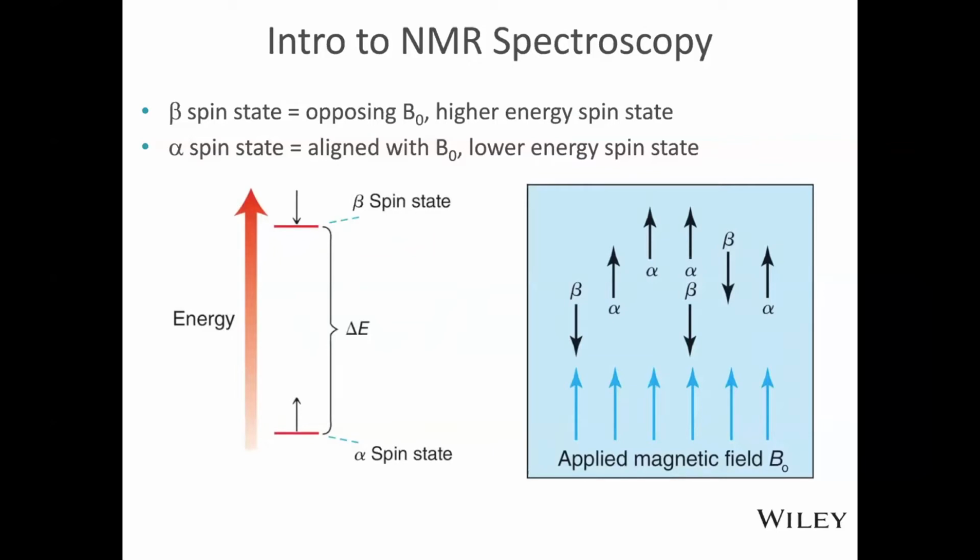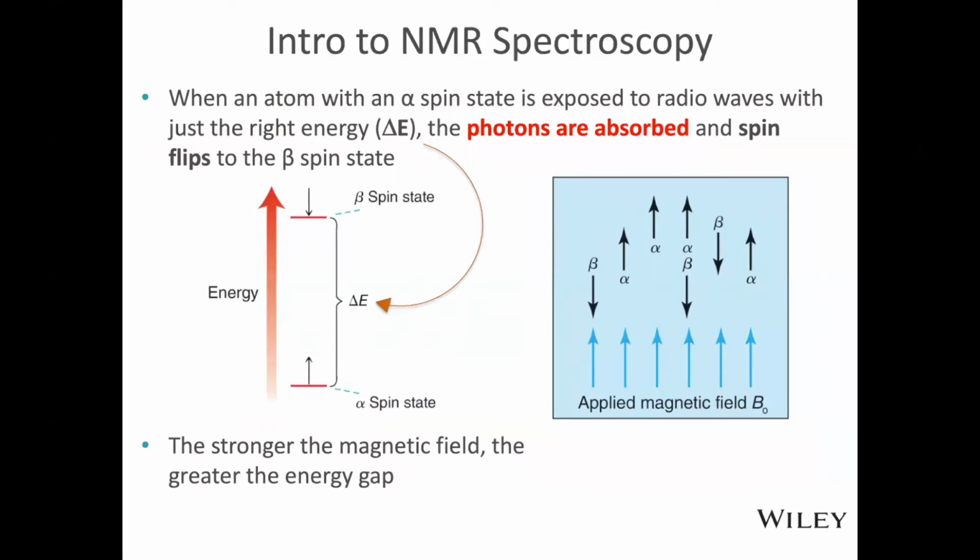An alpha spin state is aligned with the magnetic field, and it is a lower energy spin state. When an atom with an alpha spin, the lower energy, is exposed to radio waves with just the right energy, the photon is absorbed and the spin flips to the beta state. The stronger the magnetic field, the greater the energy gap, so the more energy it takes to flip.